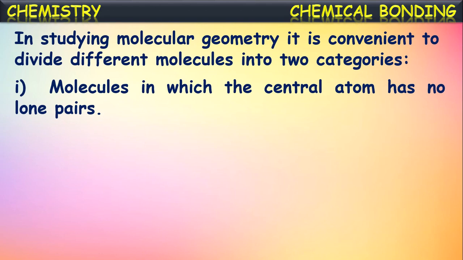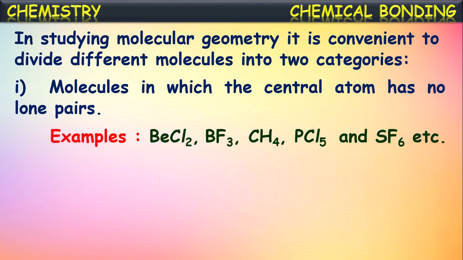That is one kind. For example, molecules like beryllium chloride. If you observe beryllium chloride, beryllium has two bond pairs of electrons in its valence shell, but there are no lone pairs of electrons. In the same way, BF3, boron trifluoride: the central atom boron has only three bond pairs of electrons, no lone pairs.